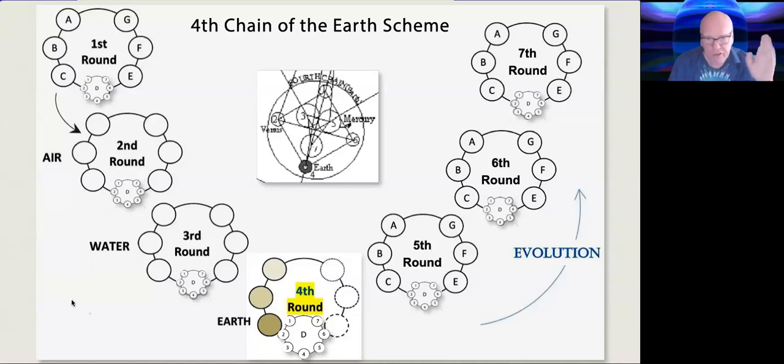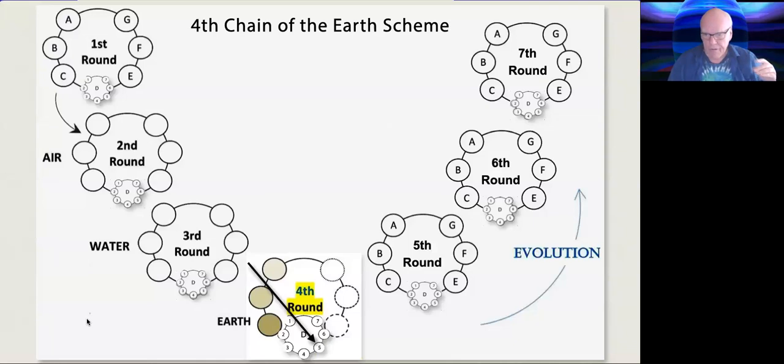So it's a septenary system, starting with the 7 planets, and then within each planet, 7 chains, 7 rounds in each chain, 7 globes of each round, and 7 root races, and even 7 sub-races of each of these root races. Right now, we're in the 5th root race, which is indicated by the arrow.